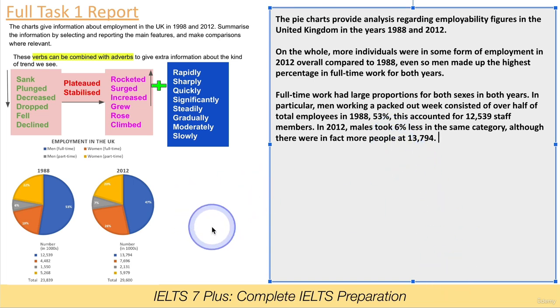Okay, let's talk about women. Full-time women, that's like the dark orange here. So, in contrast, full-time working females in 1988, we don't need to report on all the figures. So we could say maybe consisted of, we use consisted, yeah.